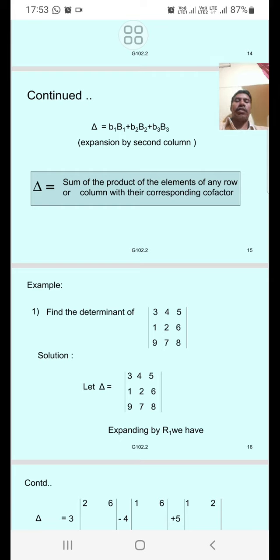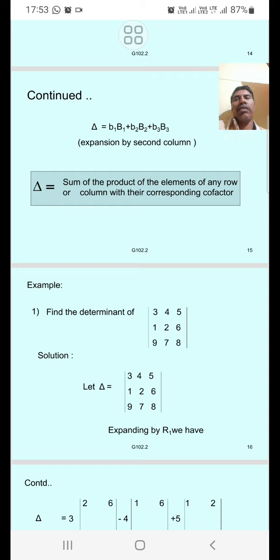If you have an even number in the power, it is obviously plus. And if you have odd number in the power of minus 1, then it is a negative sign.